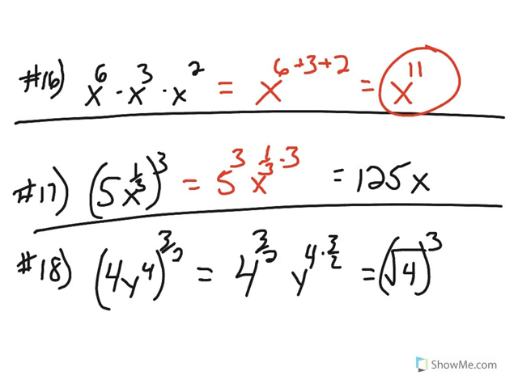And then the next one, 4 times 3/2. 4 times 3 is 12. 12 divided by 2 is 6. Or you could say divide 2 and 4 by 2. You got 2 left. 2 times 3 is 6. Either way, you get y to the 6th. Square root of 4 is 2. 2 cubed is 8. So we get 8y to the 6th.